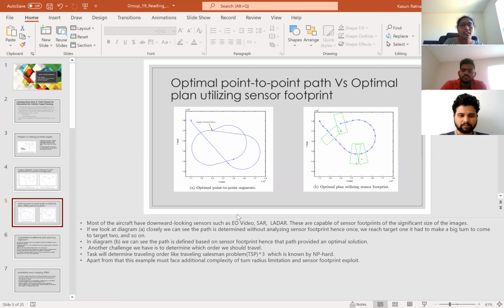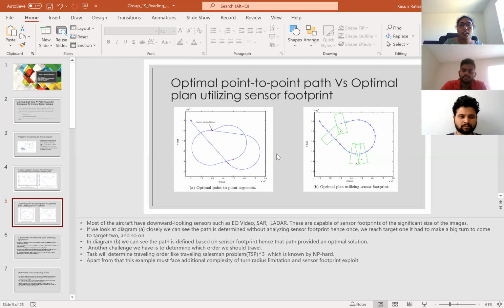In the next diagram, we will be discussing the optimal point-to-point path versus optimal plan utilization using the footprints. Most aircraft have downward-looking sensors such as EO videos, SAR or lidars. They are capable of sensing footprints of a significant size of the image.